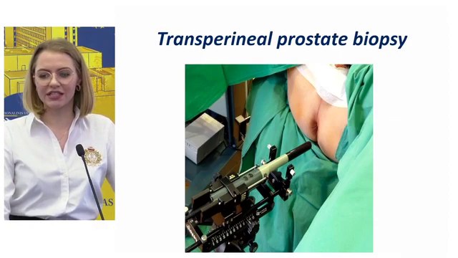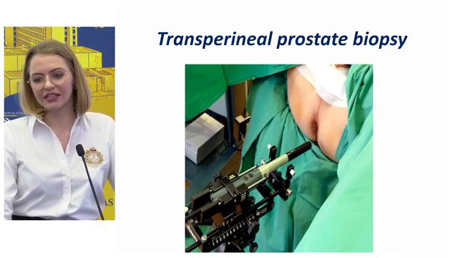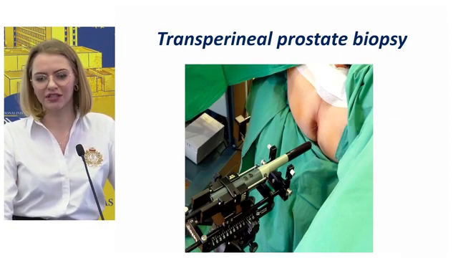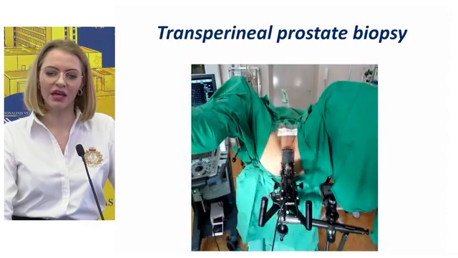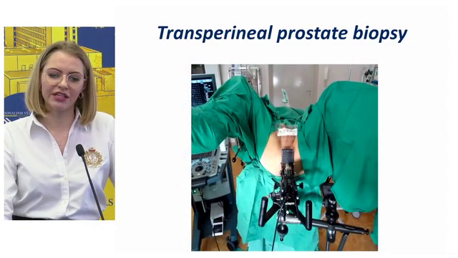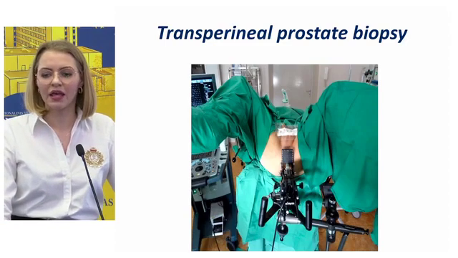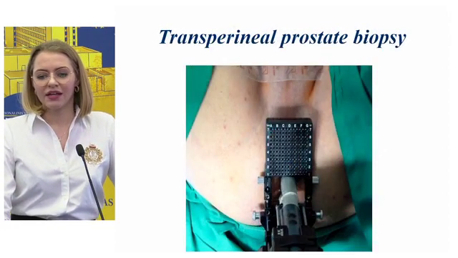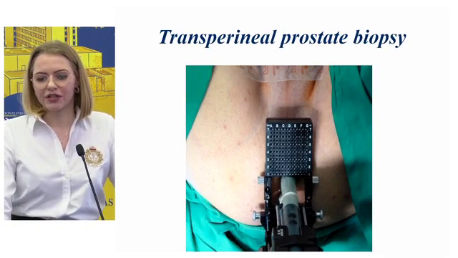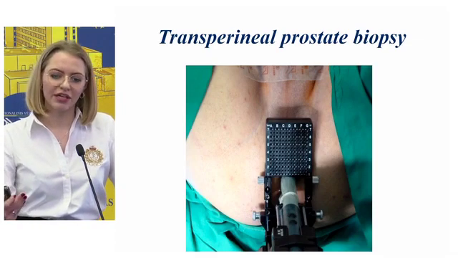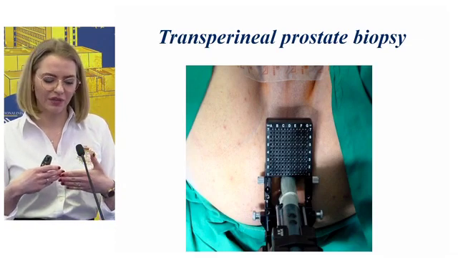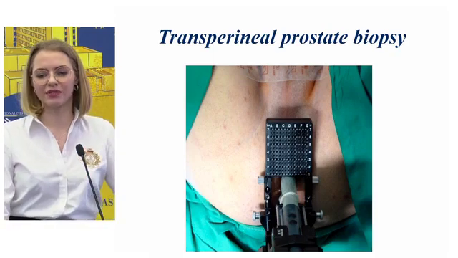The patient is in lithotomy position, and in this case the patient is under general anesthesia. Here the brachytherapy grid is mounted, and we can see a better picture of how the grid sits close to the prostate.